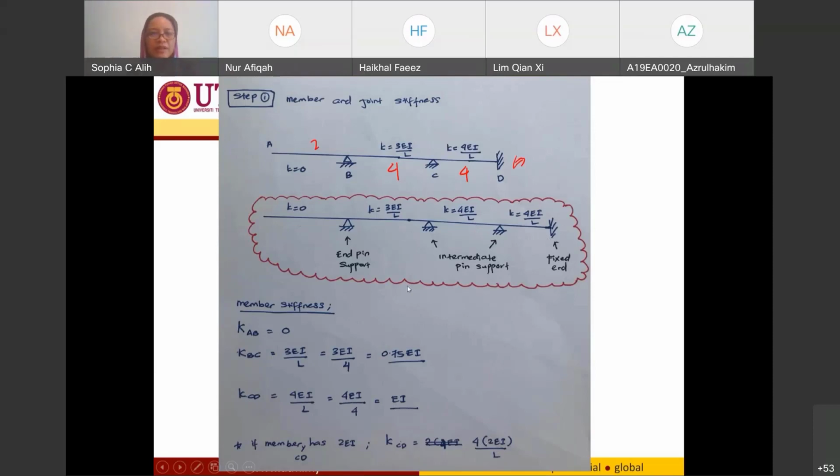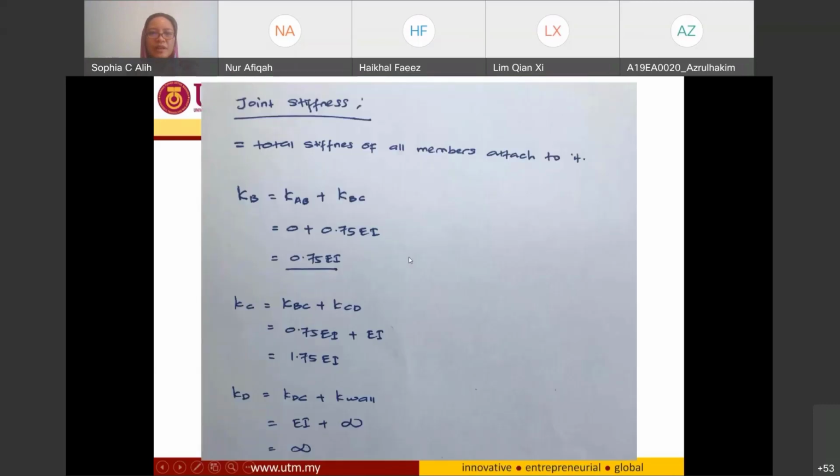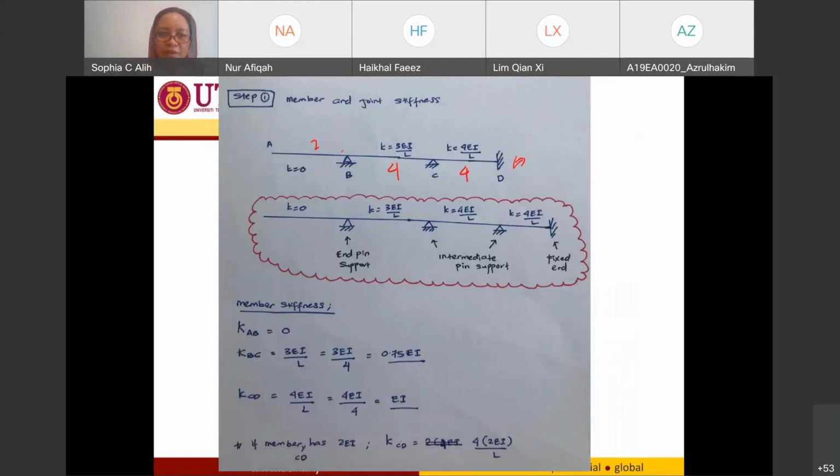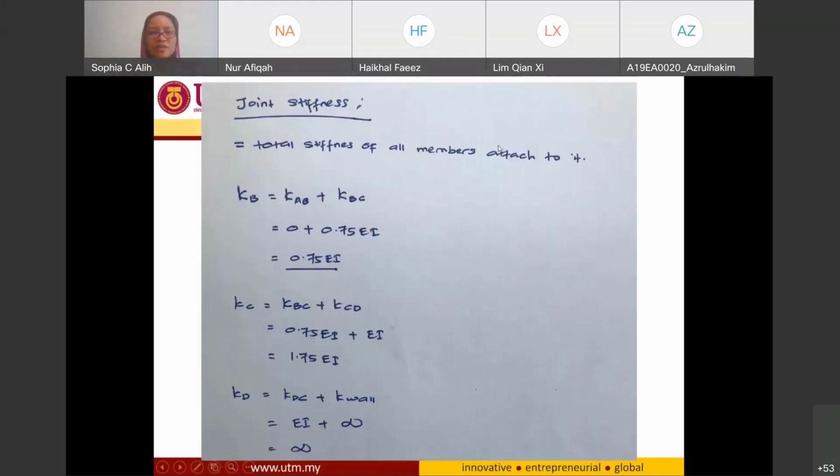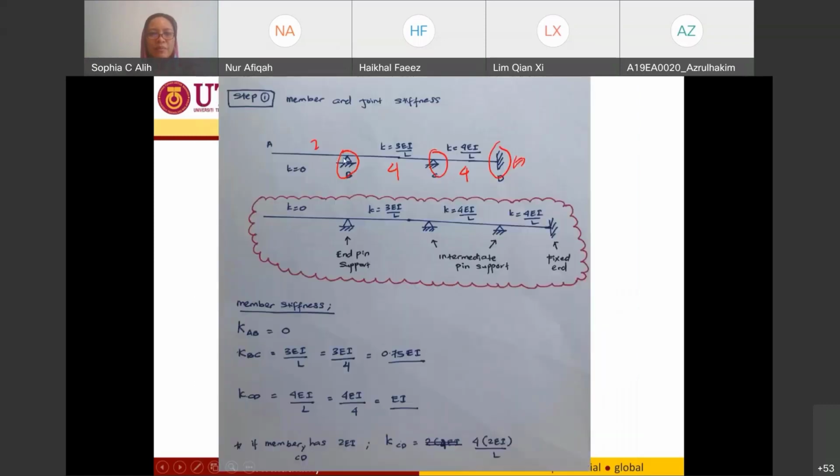Now after I calculate the member stiffness, I have to calculate the joint stiffness. The joint stiffness is when I'm looking at this one. You have joint 1, joint 2, and joint 3. And what is the joint stiffness? Joint stiffness is the total stiffness of all members attached to it. So for joint B, I have member AB and member BC.